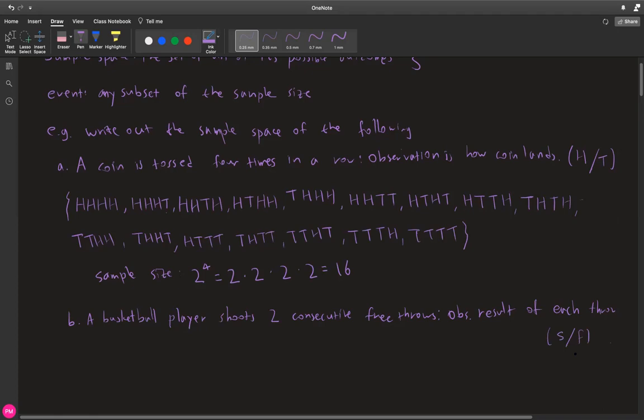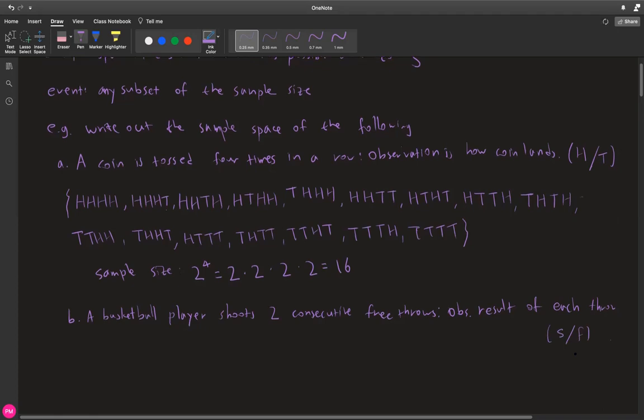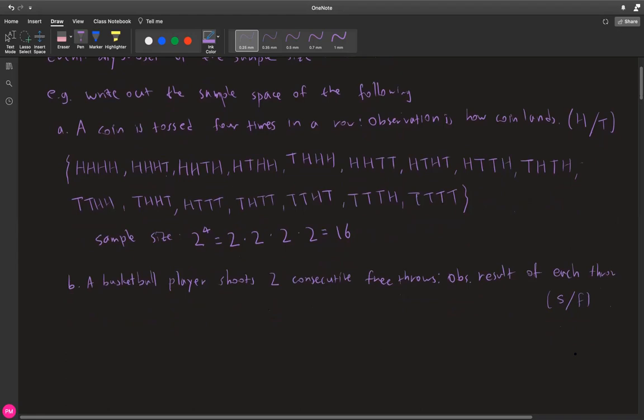So oftentimes when we are given things like that, obviously when somebody says a basketball player shoots 2 consecutive free throws and asks what's the sample space, it's possible that they may be asking for the outcome in terms of the scores. So either scoring both, only scoring one, not scoring at all.